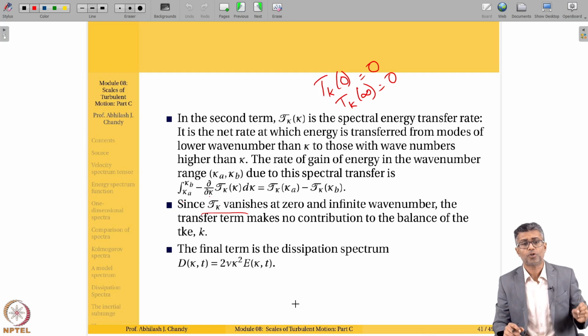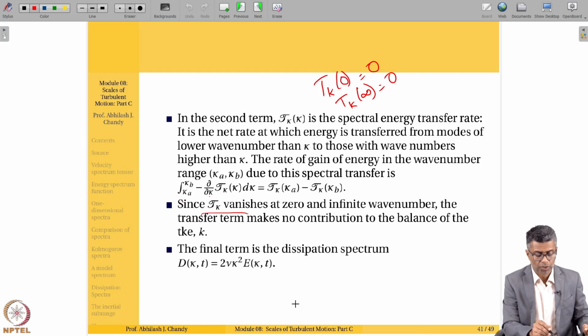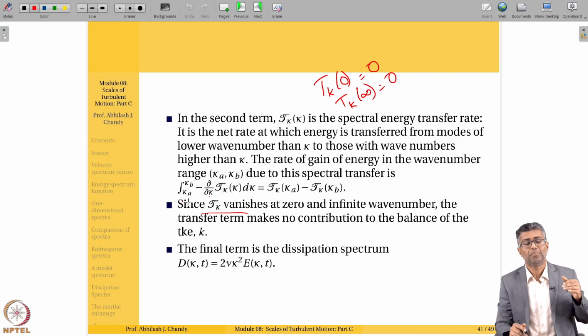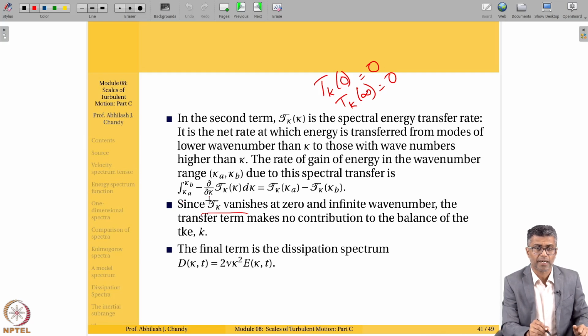That's what it is. So if you want to find out the rate of gain of energy in the wave number range of kappa A to kappa B, you basically integrate this term, isn't it? So that is what is shown here, kappa A to kappa B of minus dT_k by dk, because that term itself has a minus, dk. All right. So now you are integrating a derivative. If you integrate a derivative, you will basically get the function you were taking the derivative of.